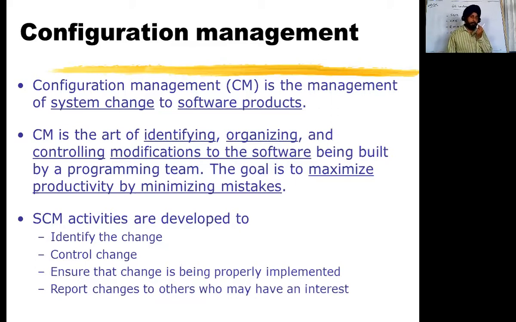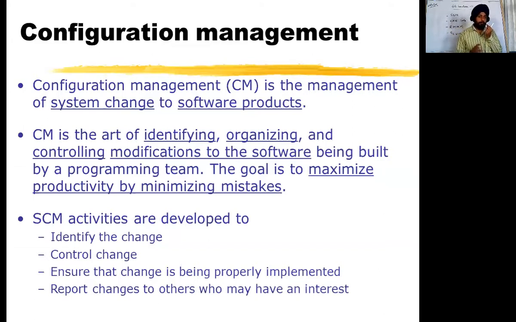If we change one module, we have to see that other modules do not get affected, or vice versa. If a change in one module needs a change in another module, that change also has to be brought in. This is the overall controlling of modifications of the software, done by the programming team.